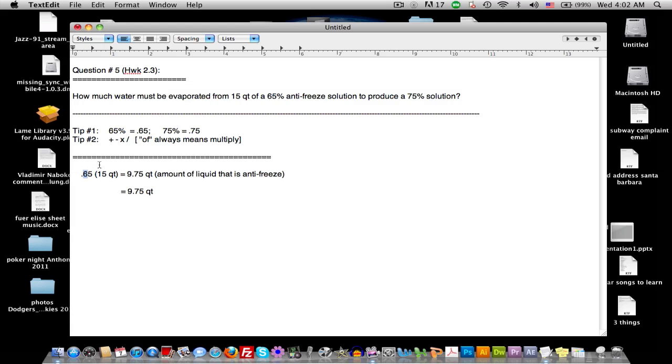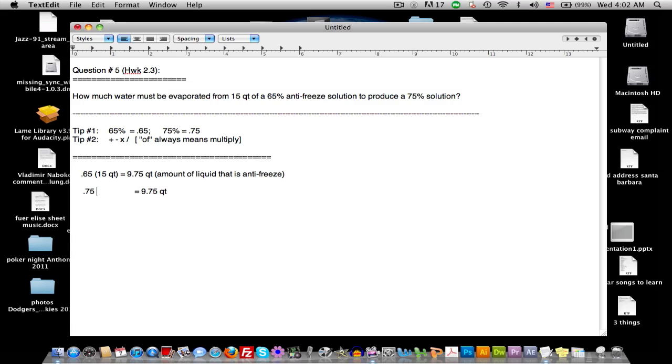Remember, as you take one liquid away, in this case it's water, and you're only taking water away, that same amount of antifreeze is going to then occupy a higher percentage of the total liquid. So now we want to actually make sure that this is 75%, or 0.75, of our total liquid.